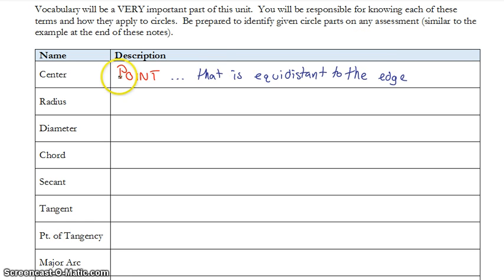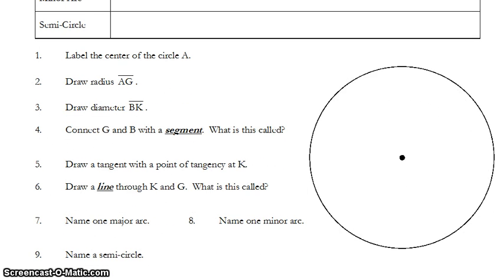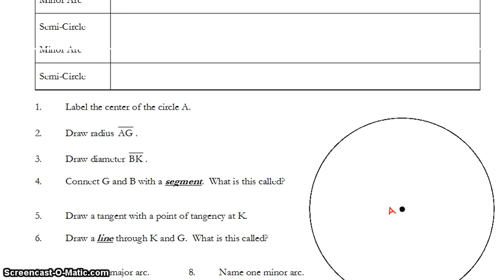That's what the center of a circle is defined as. Since it's a point, we label it with a capital letter A. If I scroll down and look at my circle down here, this is the center of that circle. I'm going to label it with a capital letter A because it's a point.